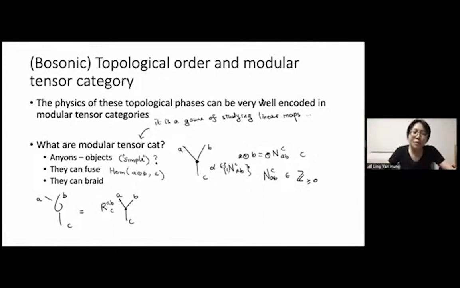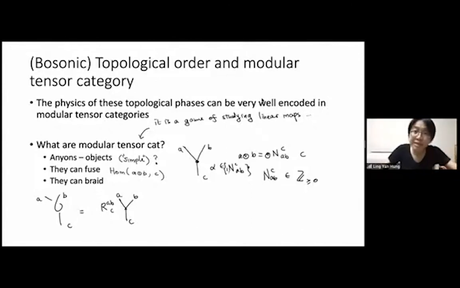So what are these most basic ingredients in a topological order? As we just mentioned, there is the notion of anyons. And anyons in a tensor category would correspond to some simple objects. There are several ingredients. The first, most basic ingredient is to have a list of objects, and physically they correspond to a list of different species of anyons.